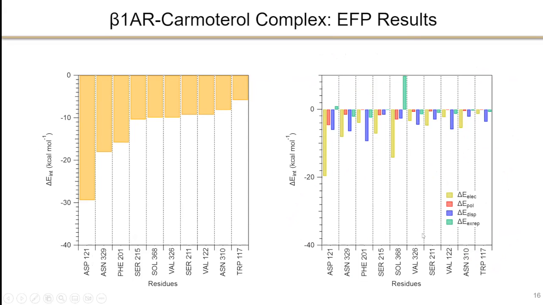It's interesting that, as I mentioned, water, which is also part of this set of molecules interacting strongly with the ligand, has a big exchange repulsion. And yeah, that's different information that you can get from these types of simulations.